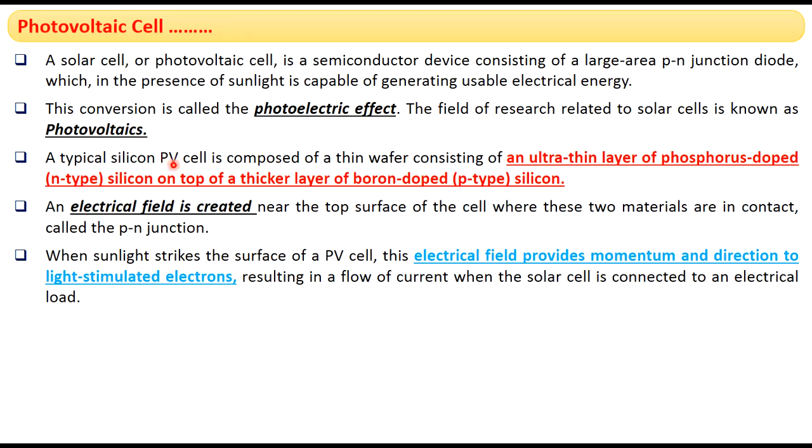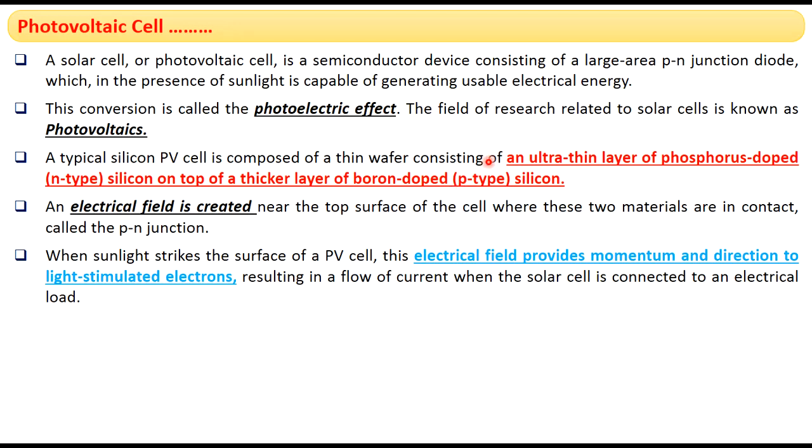A photovoltaic cell made up of silicon consists of a very thin wafer, which in turn consists of an ultra thin layer of phosphorus doped n-type silicon, and a top thick layer of boron doped p-type silicon.